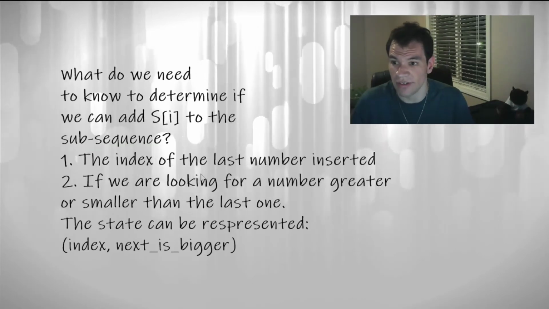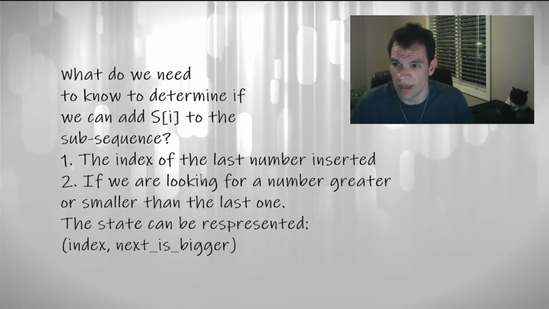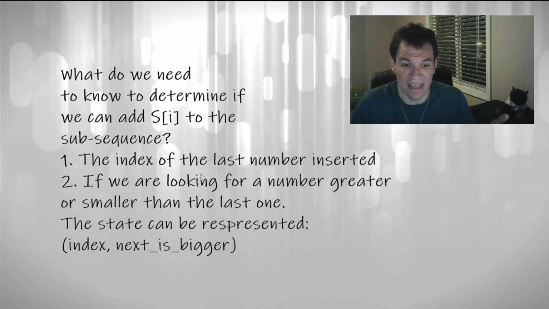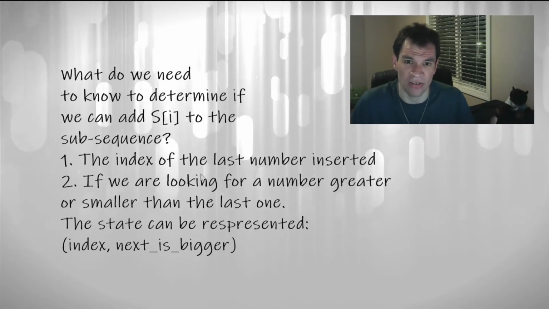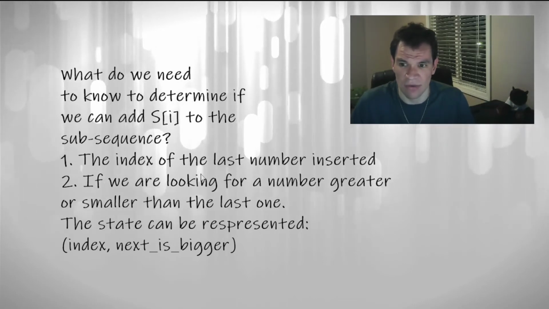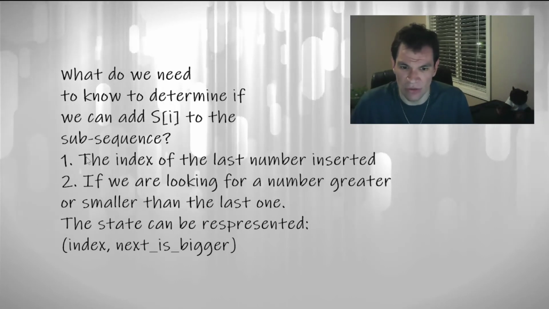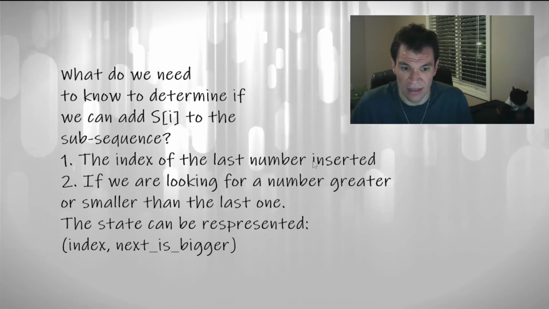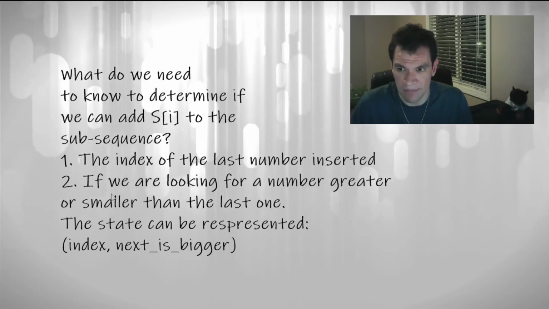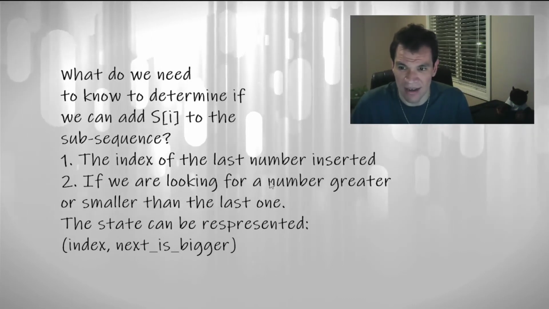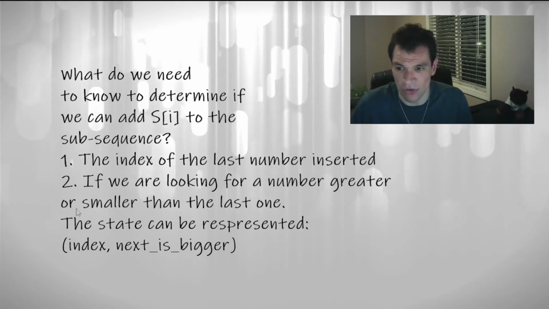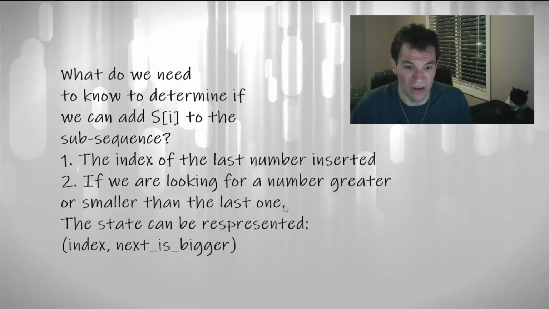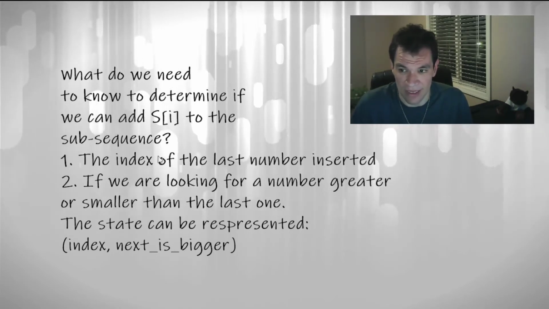So in order to know if we can add a new number or not to the sequence, we need to know the index of the last number inserted, and if we are looking for a number greater or smaller than the last one.